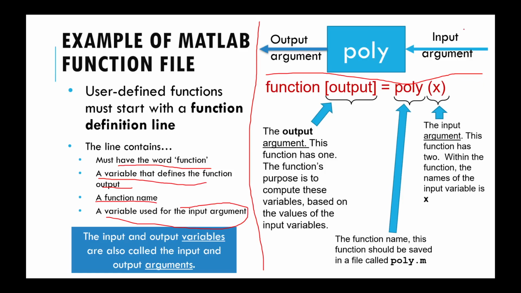This is where the input argument x is passed through the poly function, and then the output variable will be produced, which is named output here. This is an example of a simple function which only consists of one output and one input.